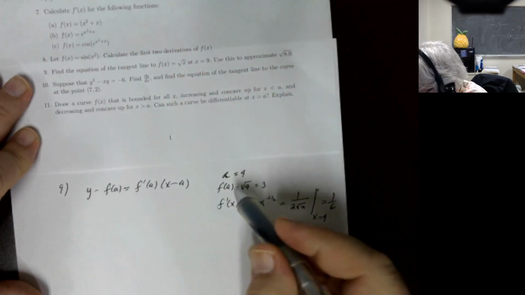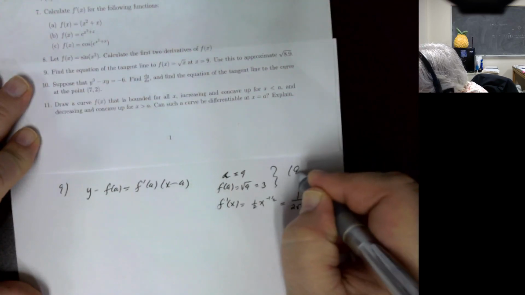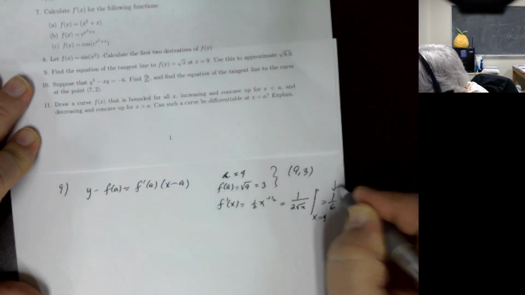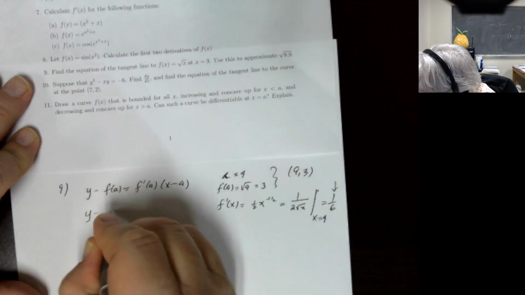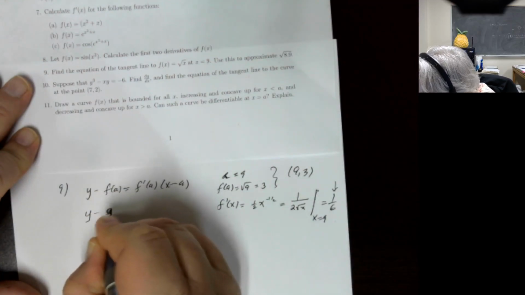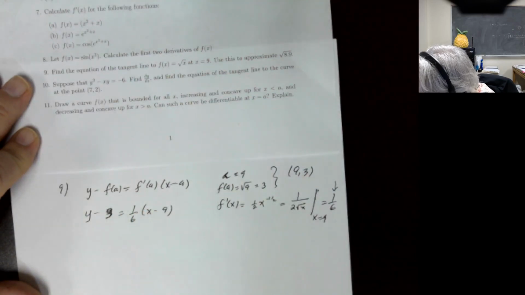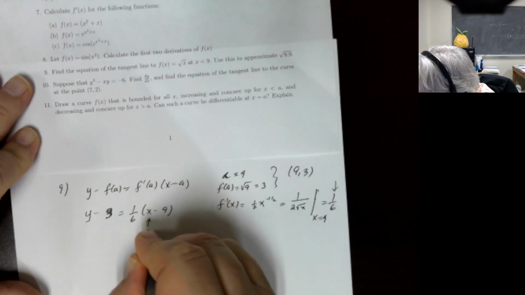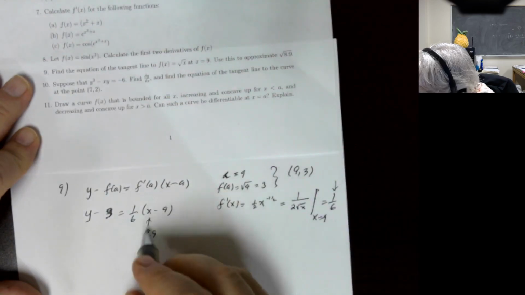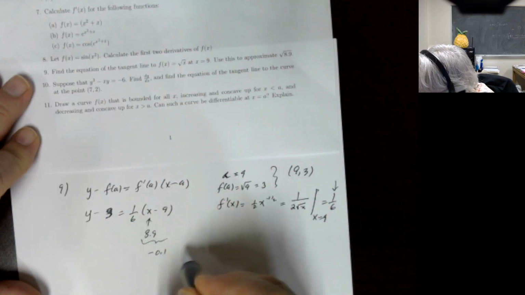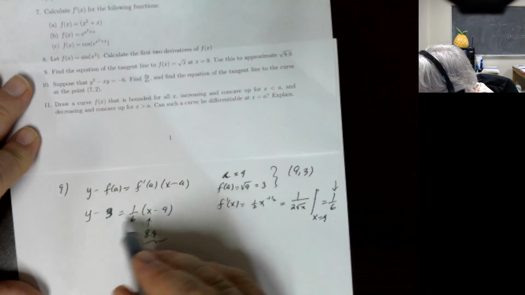Okay, so now our point is (9, 3), and our slope is 1/6. So we have y minus 3 is equal to 1/6 times x minus 9. Good. And now when we plug in 8.9, we have a difference of minus 0.1, and then you have to multiply by 1/6 and then add 3.